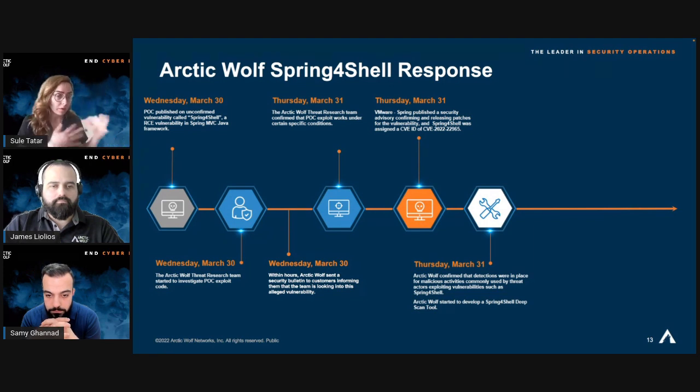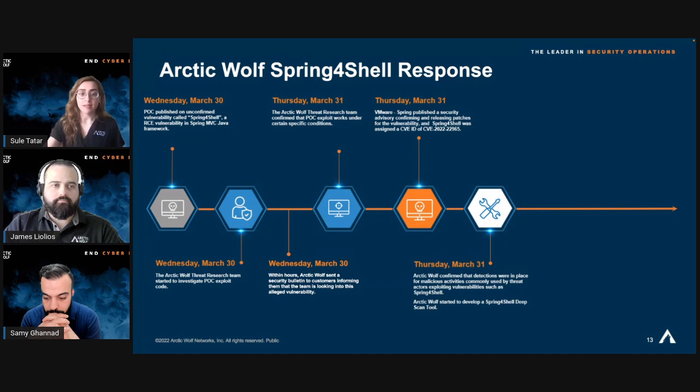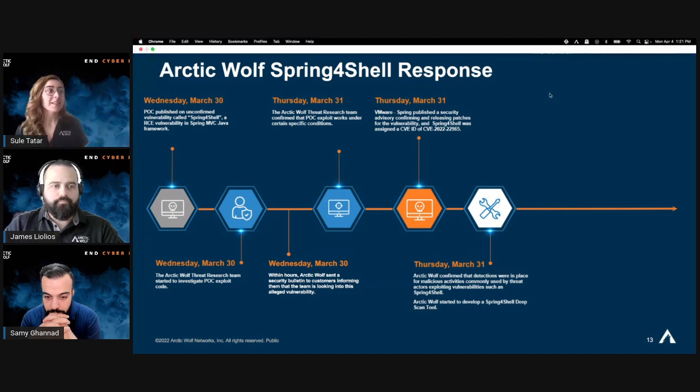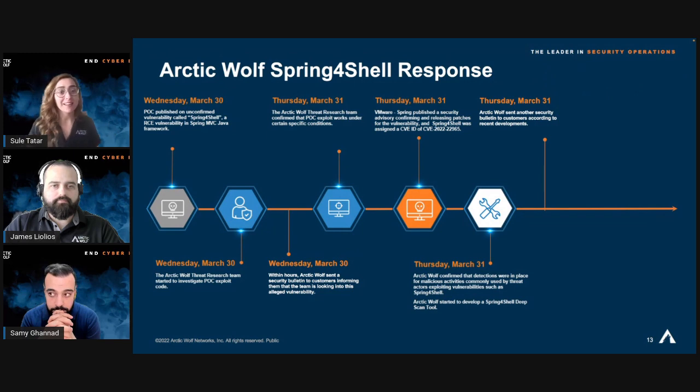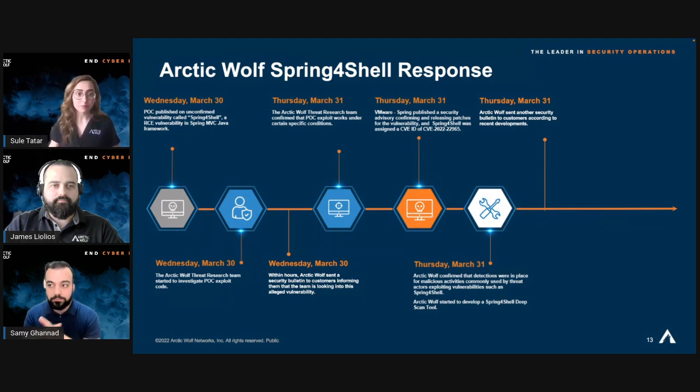In parallel, Arctic Wolf started to develop a Spring4Shell deep scanning tool on March 31st. We sent another security bulletin to our customers according to recent developments, informing them that we are working on that deep scanning tool.